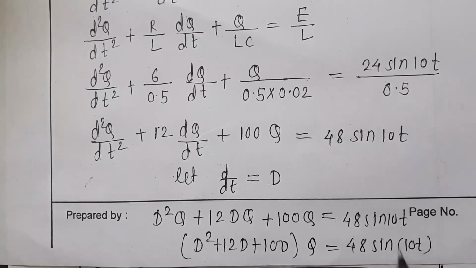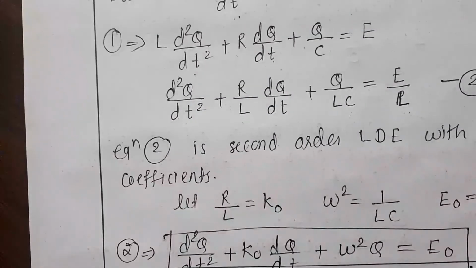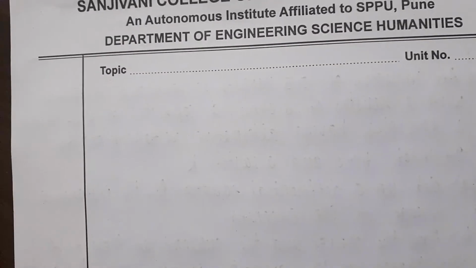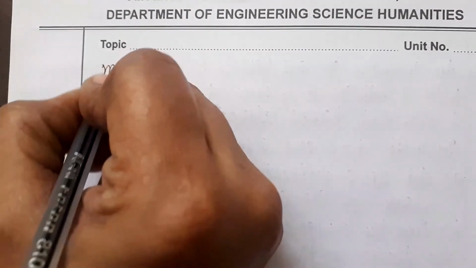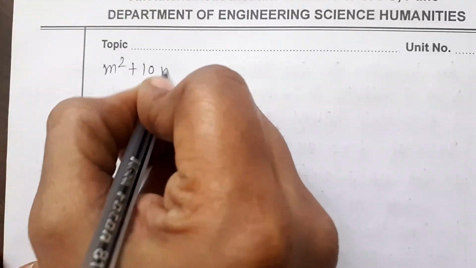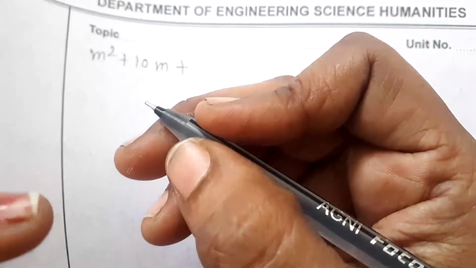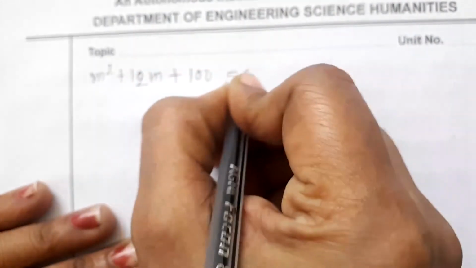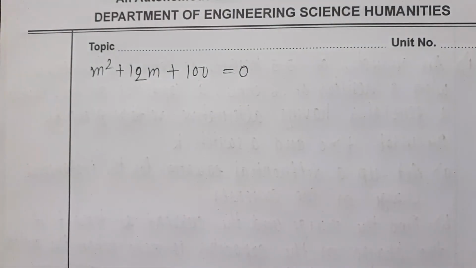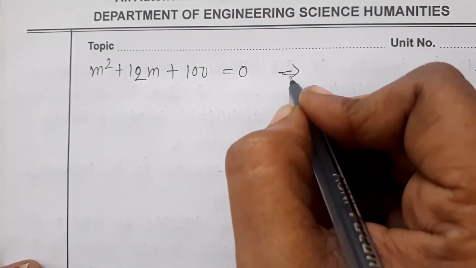Now we find the CF and PI to get the answer. First find the roots. The auxiliary equation is m square plus 12m plus 100 equal to 0. What are the roots of m square plus 12m plus 100?